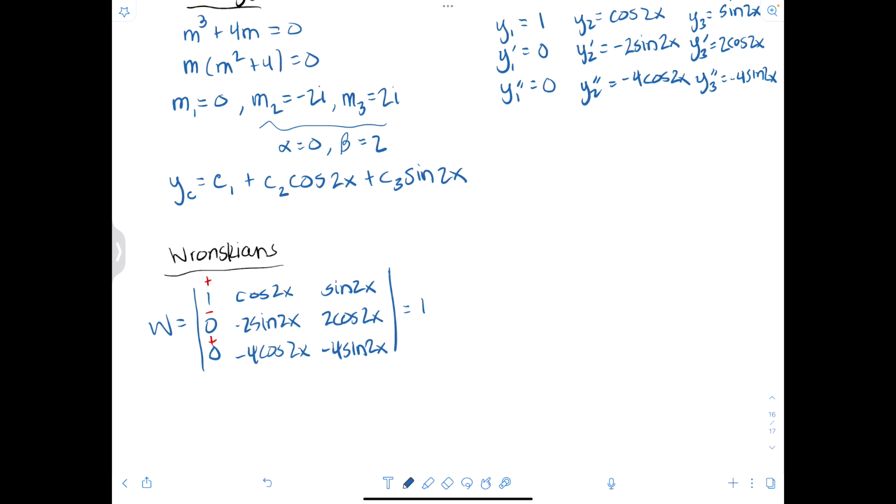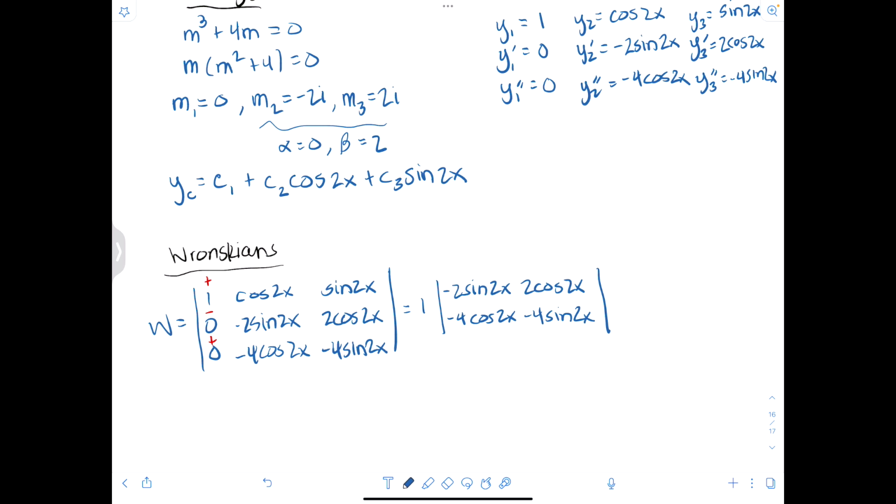1 times the determinant: negative 2 sine 2x, 2 cosine 2x going across, negative 4 cosine 2x, and negative 4 sine 2x. And the other two will zero out.